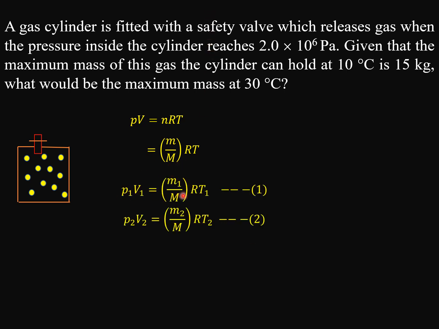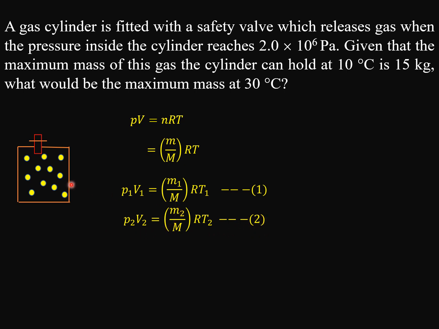Now we can write down the two equations for the two different states. For the first state, P1V1 equal to M1 over M times RT1, and we name this equation 1. For the second, final state at 30 degrees C, we have P2V2 equal to M2 over M times RT2. We name this equation 2.